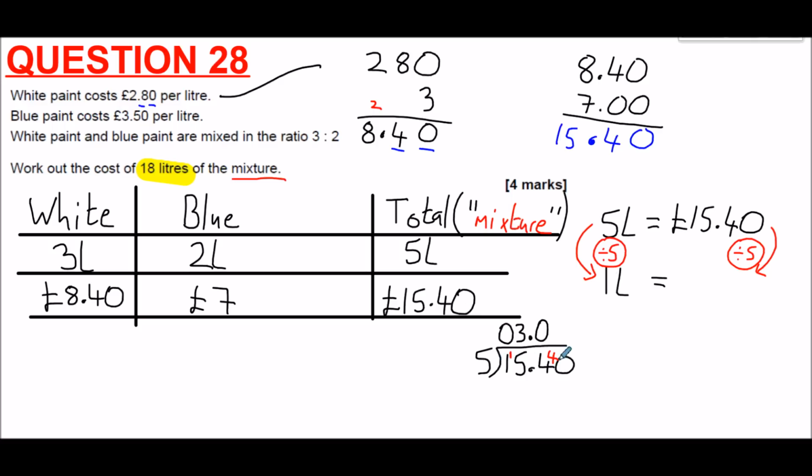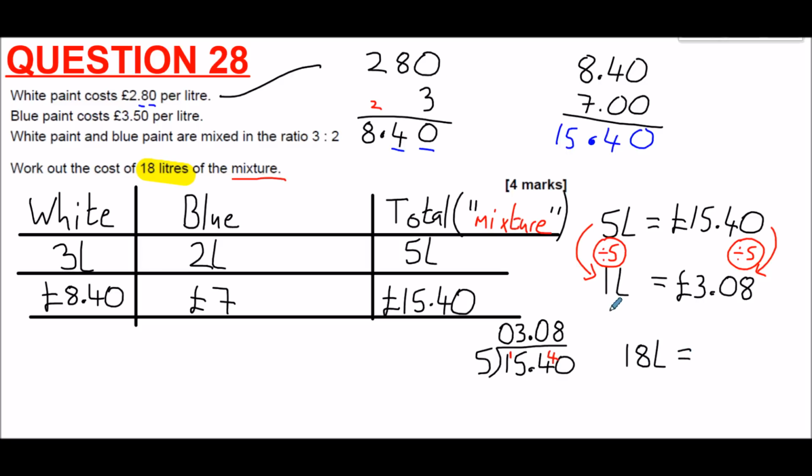Finally, 5s into 40 fits 8, and so that tells us that 1 litre of the mixture is £3.08. So 18 litres we can work out by doing 1 litre and multiplying it by 18.